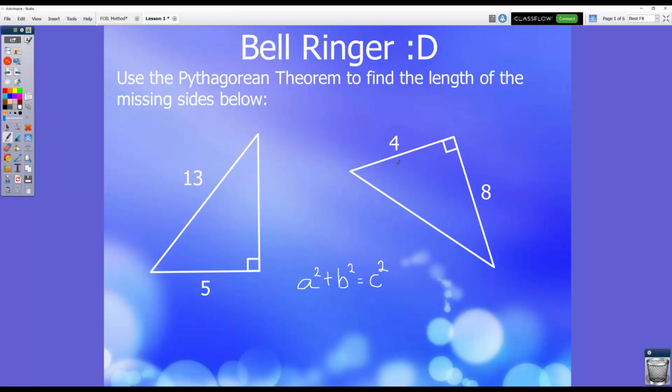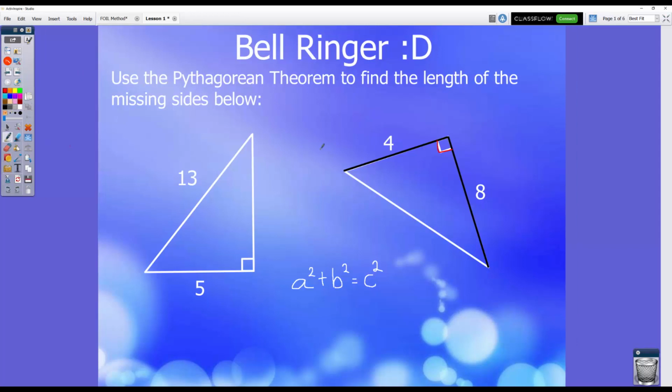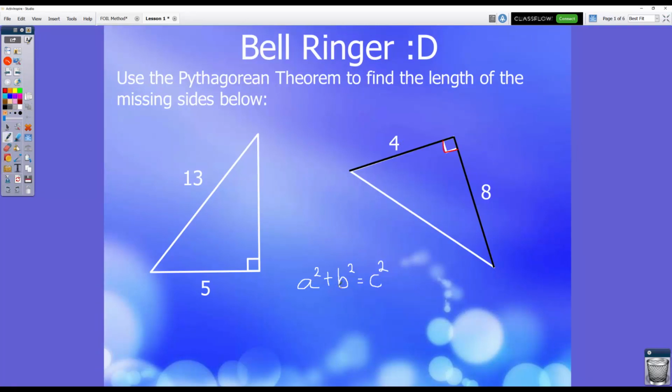Let's start with this triangle right here. I can tell that this is our right angle in our triangle, and that must mean that these two sides right here must be the legs, which means that we are going to plug 4 and 8 in for a and b.